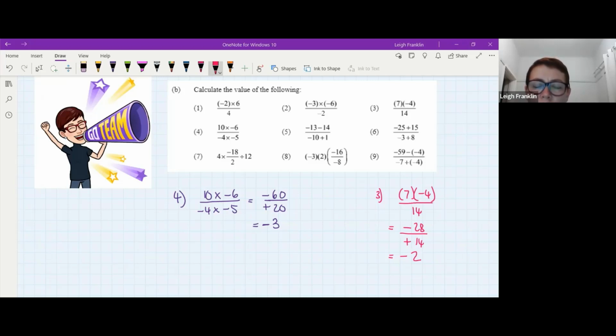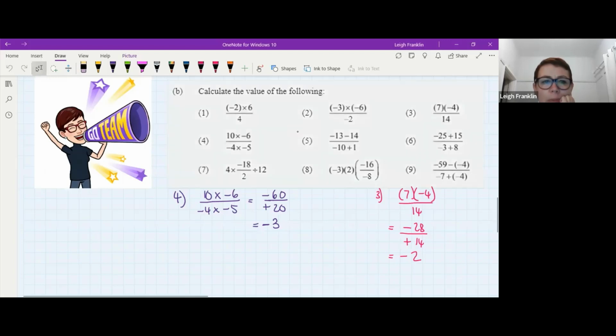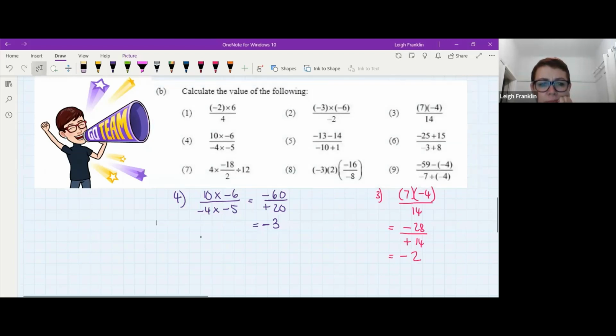You guys know that brackets means times, don't you? You must do by now. You're in grade 7. Ma'am, I can't see question number 3 properly. There you go. I've made it a little bit bigger. Is that better now?